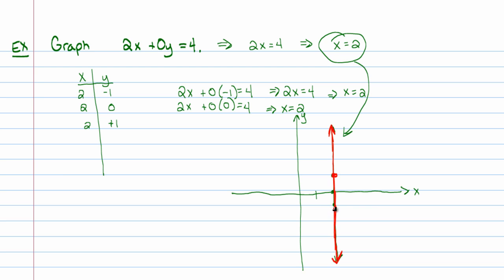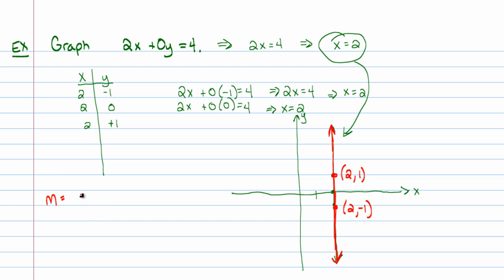So let's use this as our example for a vertical line here. I'm going to label these points. This was x equals 2, y equals positive 1. This is x equals 2, y equals a negative 1. And let's calculate the slope of this vertical line. We expect it to be something large at least.